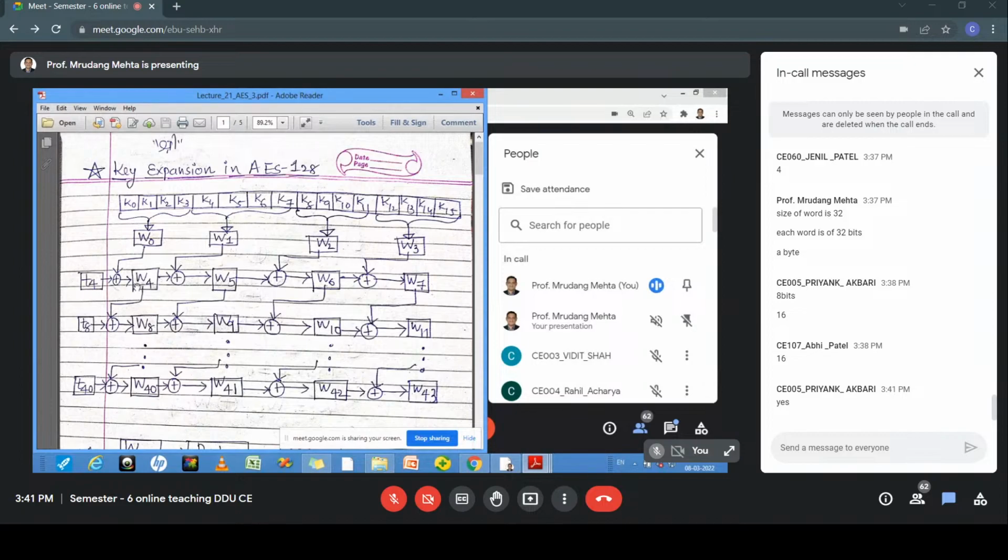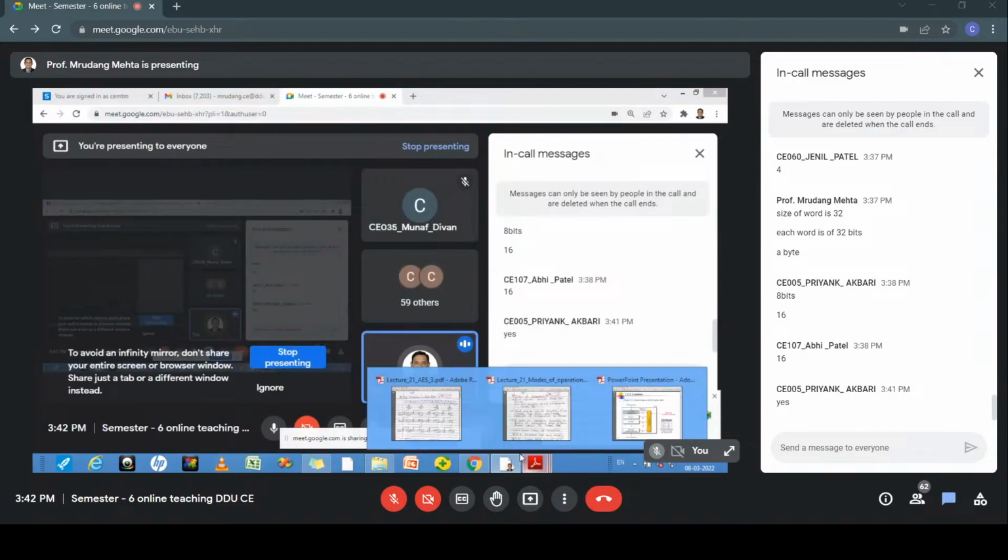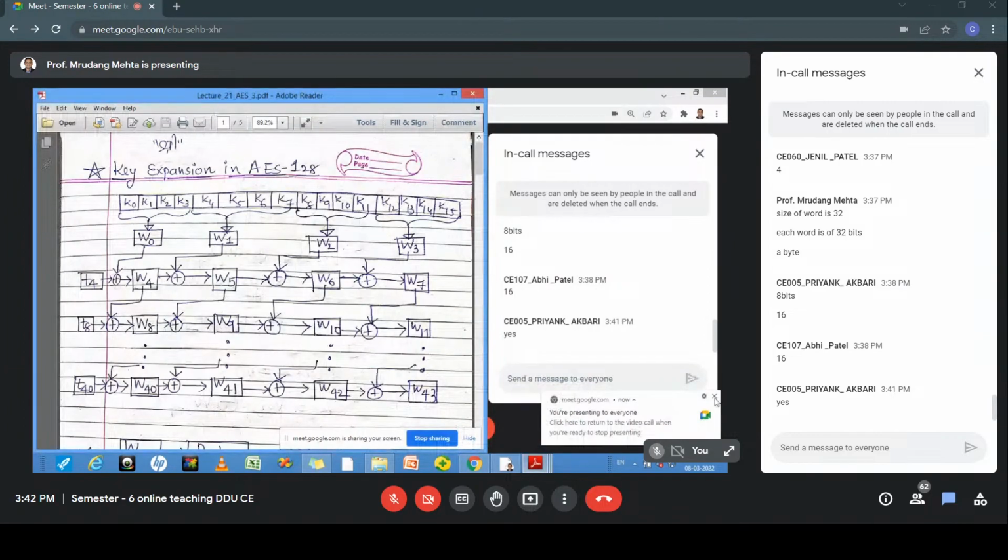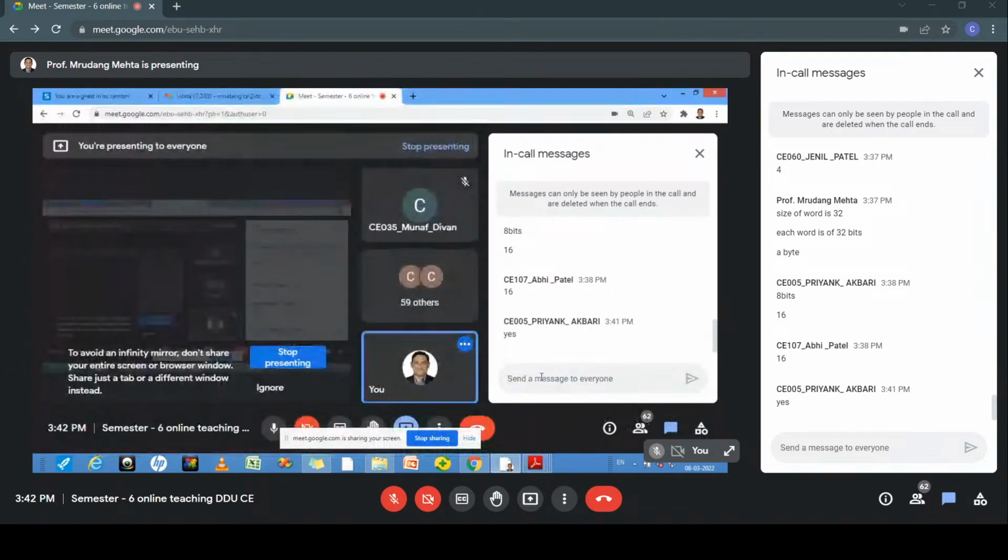If we say this is Wi, then it is Wi minus 1 XOR Wi minus 4. Please check this formula. Understood? Wi minus 1 XOR Wi minus 4.